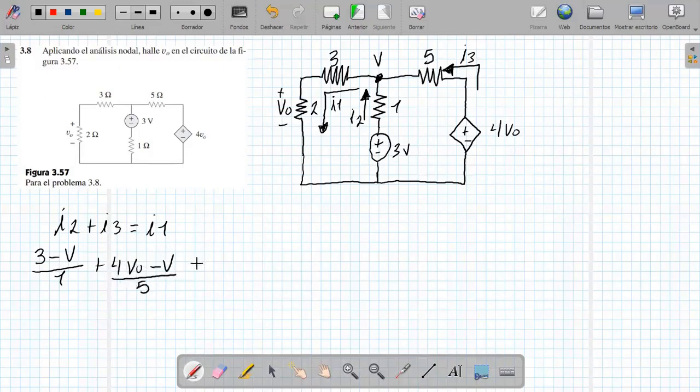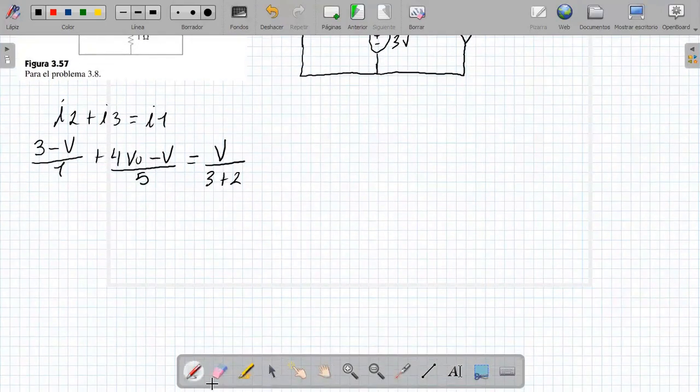All this is equal to I1, and I1 is V over the sum of 3 plus 2 ohms. So I have first (3 minus V) over 1, plus (4 V sub 0 minus V) over 5. All this must be equal to V over 5, since 3 plus 2 is 5.